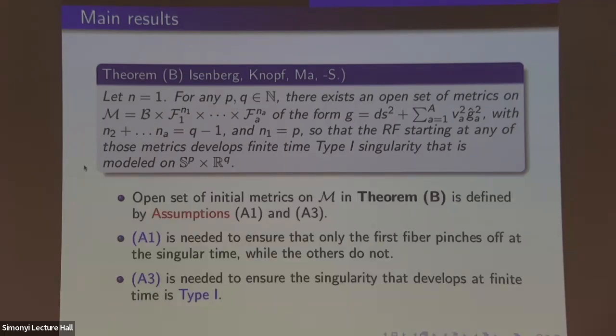So for any P and Q you give me, I can always hook up this manifold M, where F1 up to Fa can be any compact Einstein manifolds.